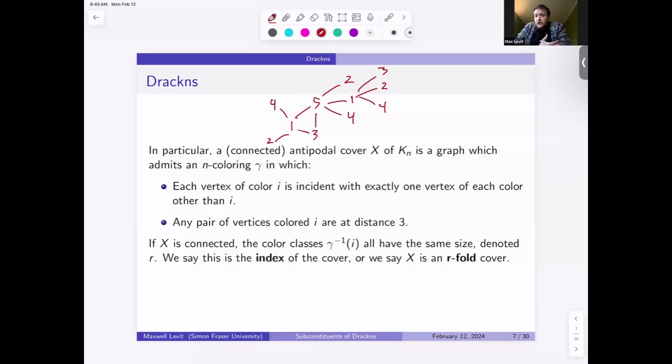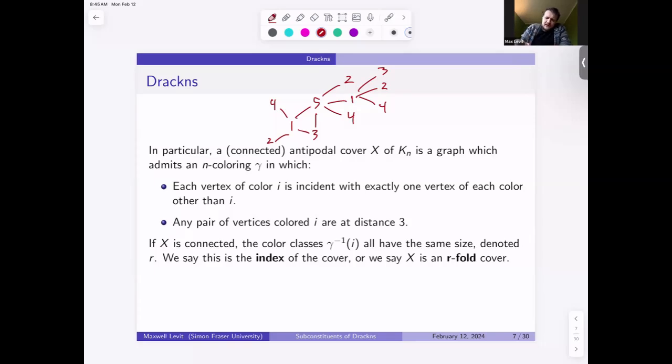This process must close if we're talking about a finite cover. I don't think I said finite anywhere here, but I am restricting to finite graphs. But if this property holds, then you're a cover of the complete graph specifically. Now, if you want to be a cover of some other graph, you take these things and you remove some of these pairs of edges for the edges you don't have in your graph. But that's neither here nor there.